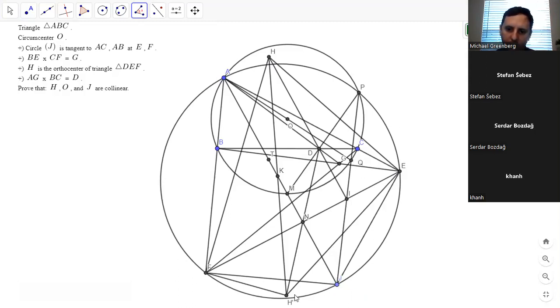So T is the reflection of J over EF. And H is the orthocenter of DEF.